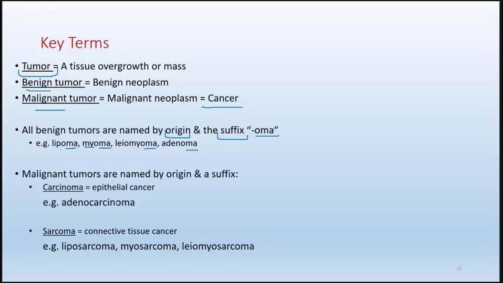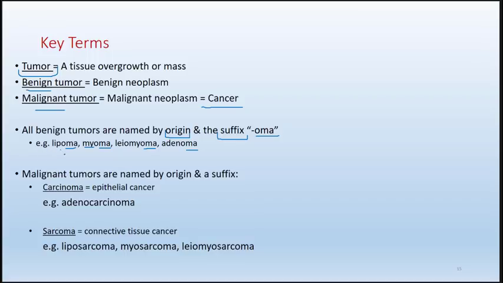So myoma is a benign tumor composed partly of muscular tissue. A leiomyoma is a benign tumor of smooth muscle. An adenoma is a benign tumor of glands, such as the prostate gland. It could be glands within the breast, mammary glands. It could be glands found within the pancreas or any glandular tissue.